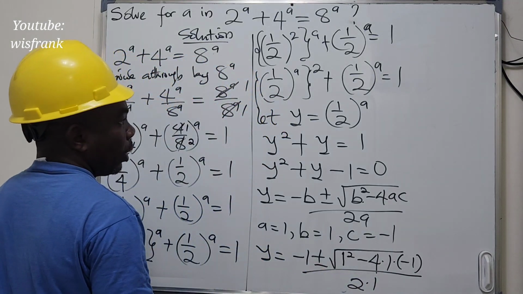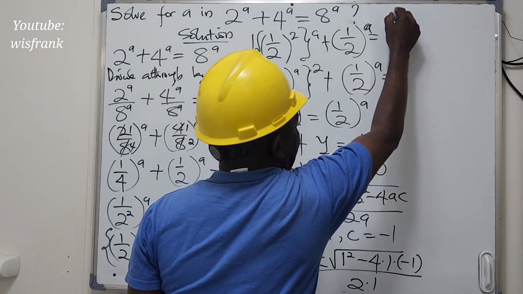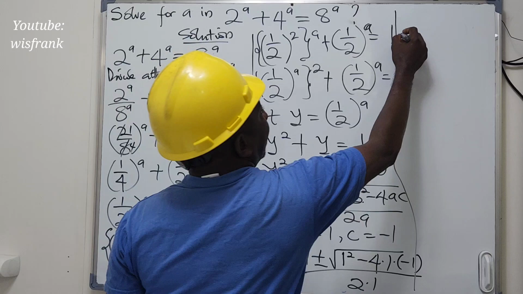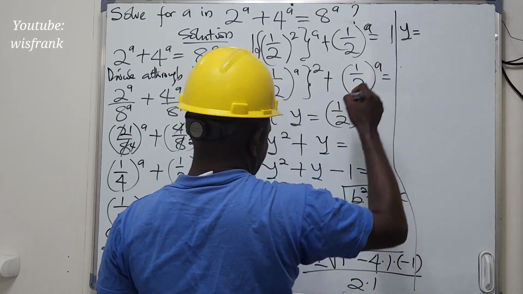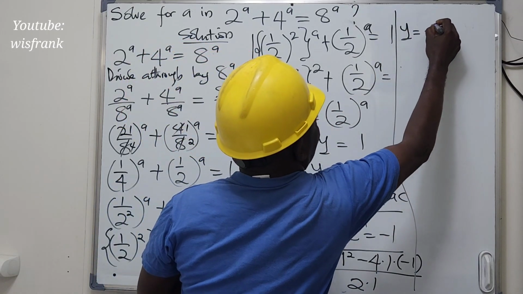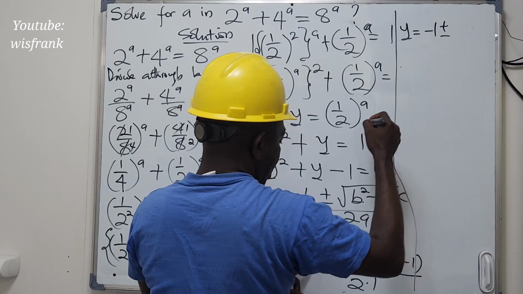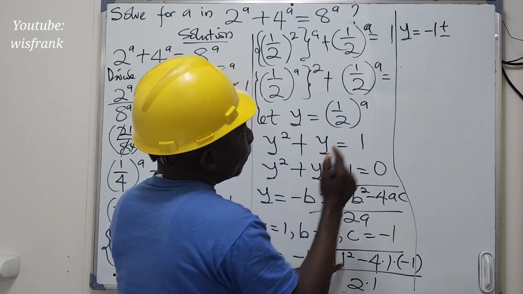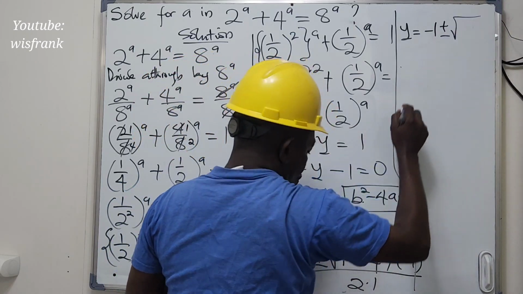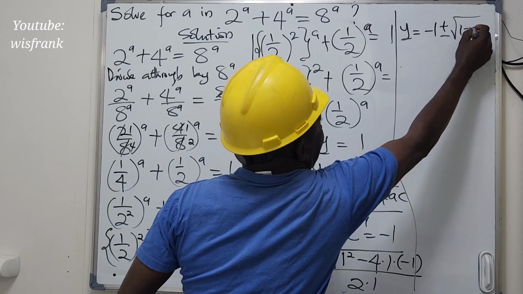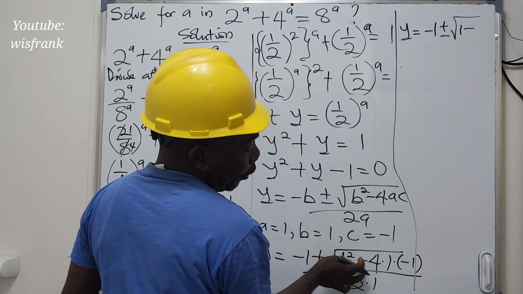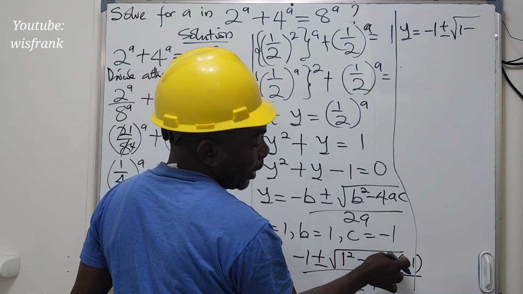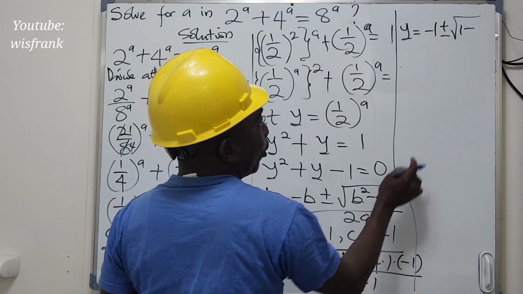So we have y equals minus 1 plus or minus the square root of 1 squared, which is 1, minus 4 times 1 times minus 1, which will become plus 4.